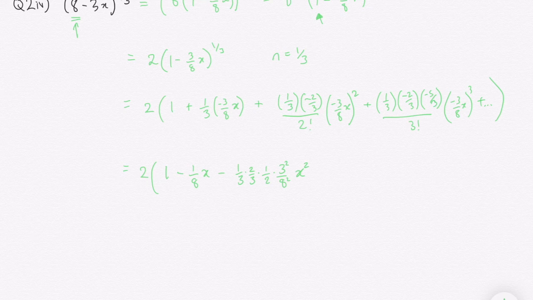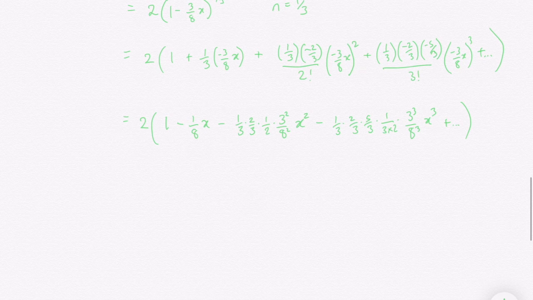And then here we have 5 negatives being multiplied, so this is also negative. It's a third times 2/3 times 5/3 times 1 over 3 factorial, which is 1 over 3 times 2, times 3 cubed over 8 cubed, x to the power 3, plus the remaining terms.